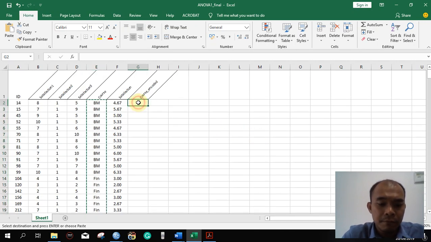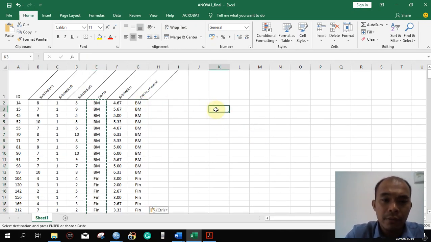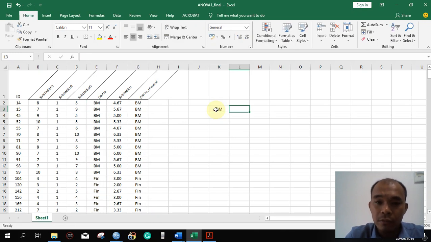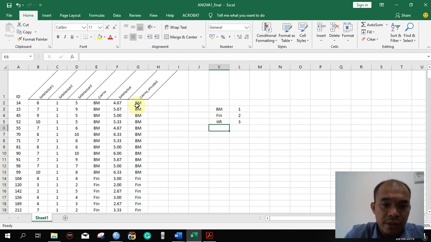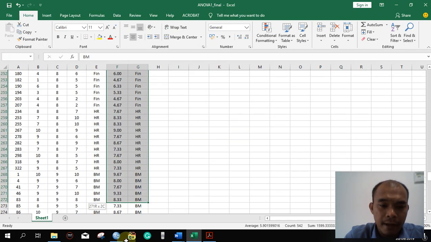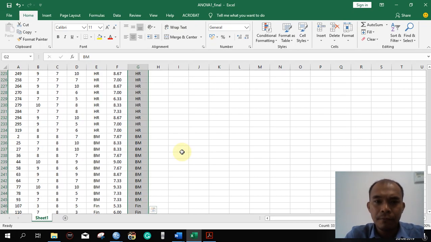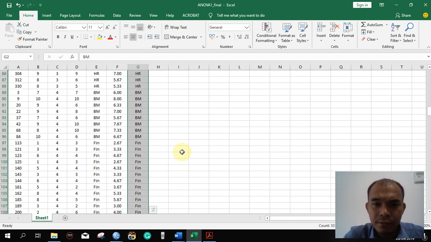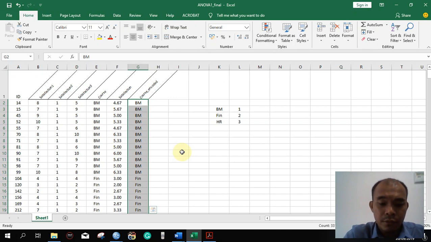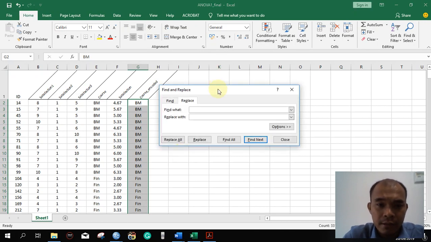And then, let's say for our encoding, we will encode BM as 1. And then we will encode finance as 2. Then we will encode HR as 3. So using that legend, highlight all of these, then Control H, and we will select, find what?